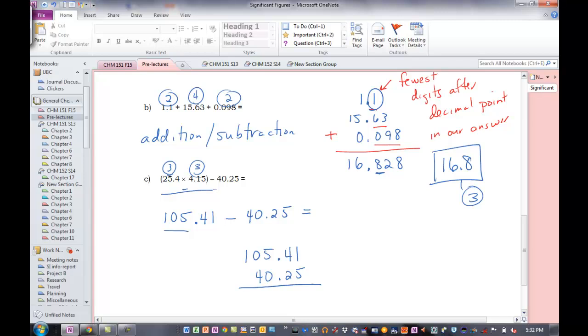Okay. Now, here's where it gets a little tricky. 40.25 certainly has 2 digits after the decimal point. But what about this first number? Yeah, we wrote the .41 there, but we know we only have 3 significant figures from that multiplication. So technically this number has no digits after the decimal point. So we can't carry any digits after the decimal point in our answer.